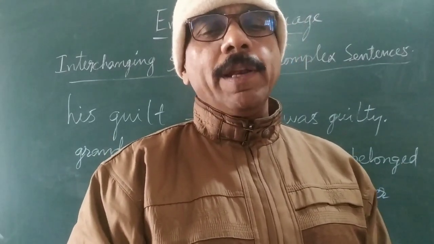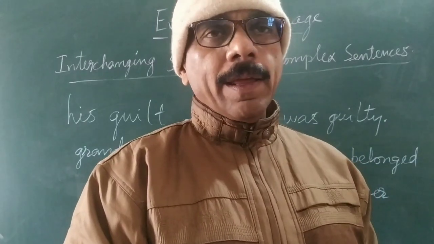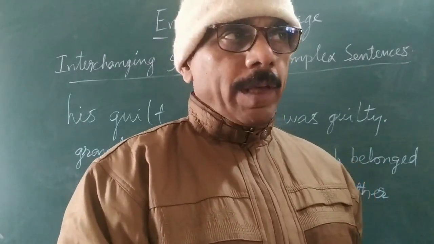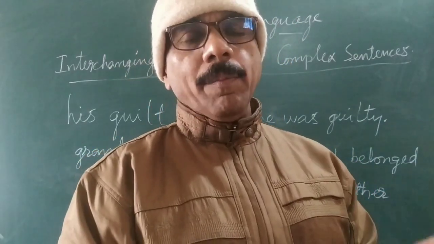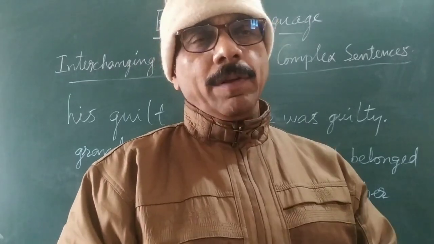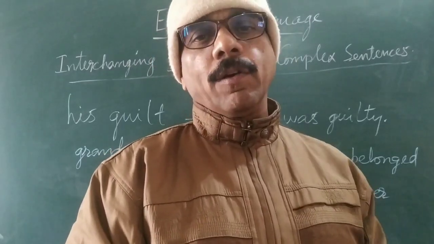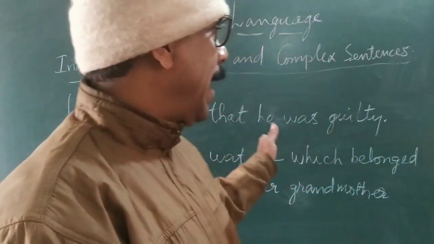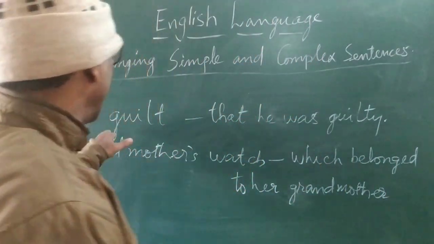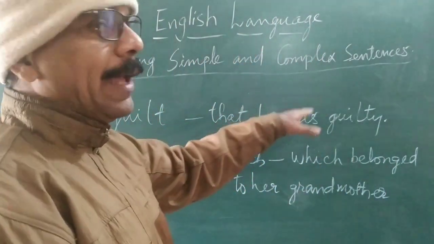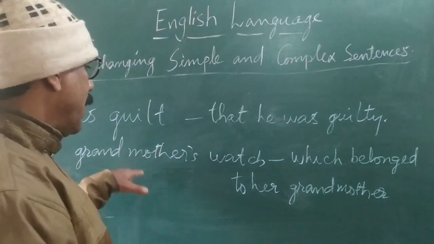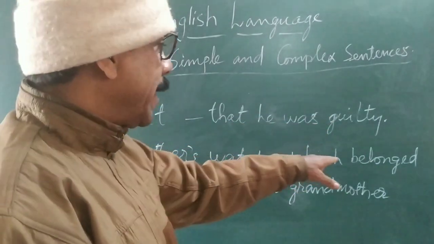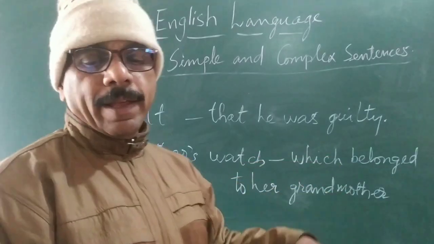So minimum there should be one. One main clause and one dependent clause should be there. So in order to make that, we are expanding it. His guilt is expanded to that he was guilty. Grandmother's watch is expanded to which belonged to her grandmother.